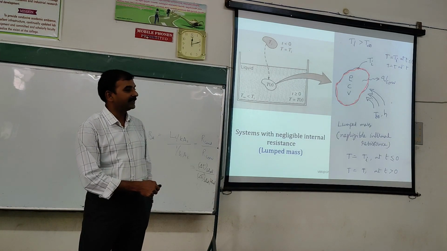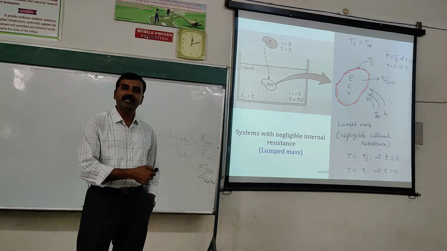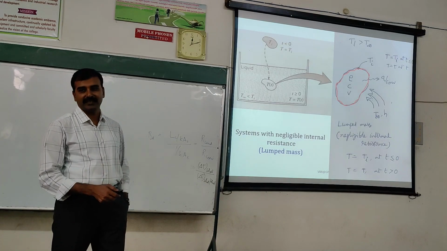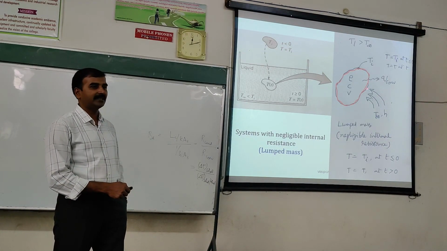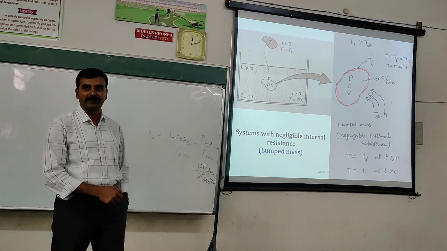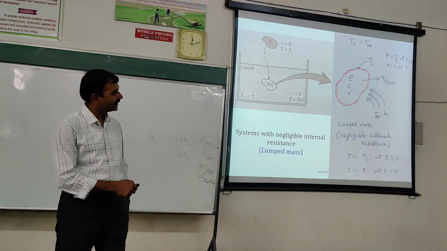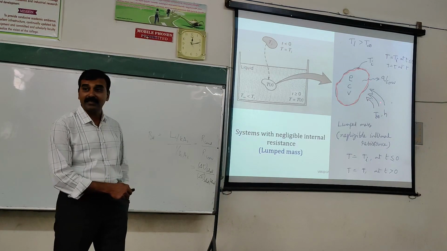And what is the resistance that opposes the heat transfer from the surface to the surroundings? That is convective resistance, which we also call surface resistance. External resistance or surface resistance or convective resistance. Please make a note, all are the same. When I say convective resistance, I can also consider it as surface resistance because the resistance is offered at the surface.